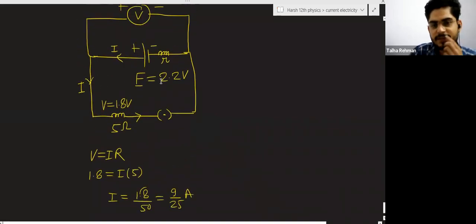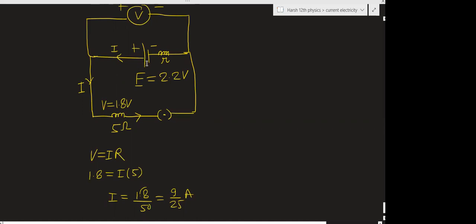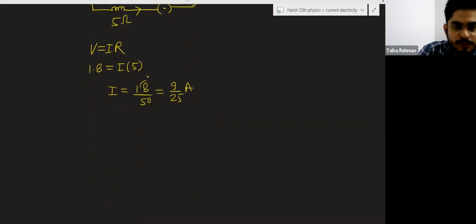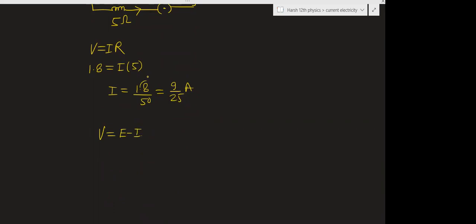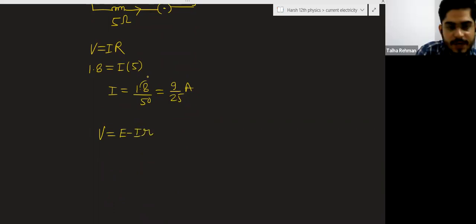You know that this time the cell is in the working condition, means this cell is discharging. So you know the equation of discharging: V is equal to E minus Ir. What is V? Already given, 1.8. E we already know, 2.2.